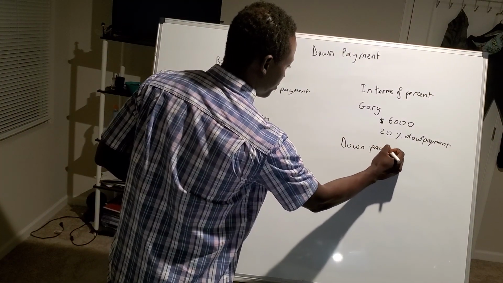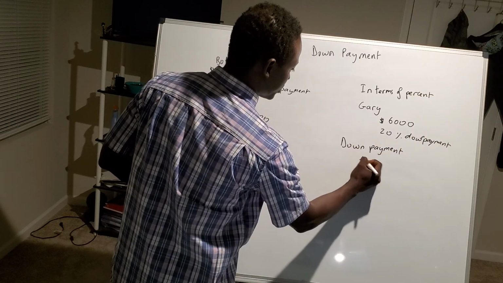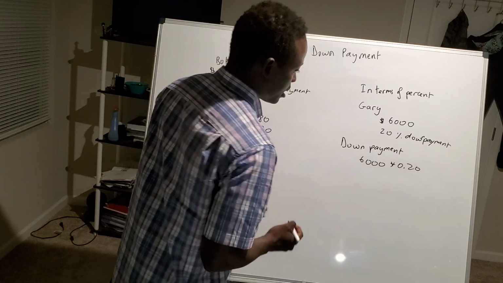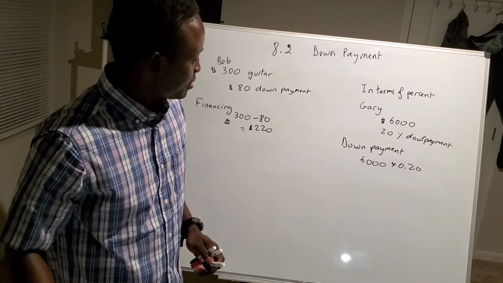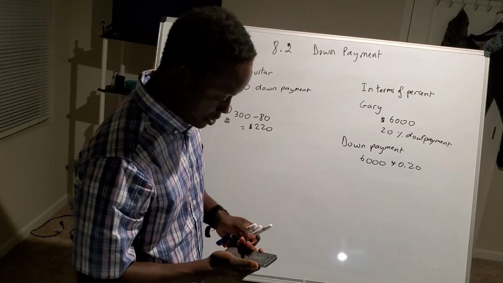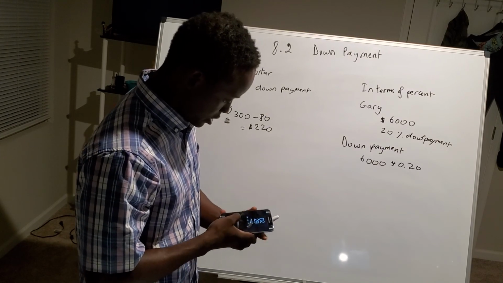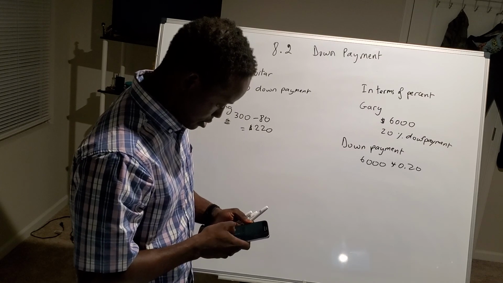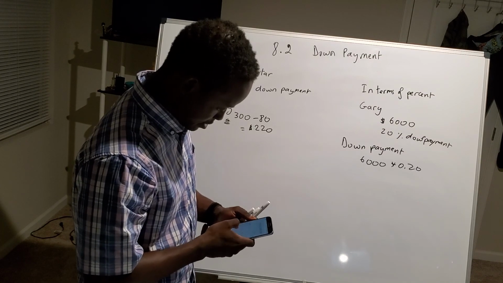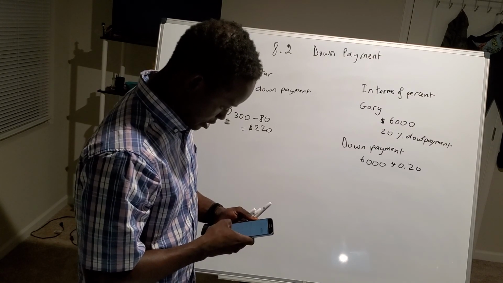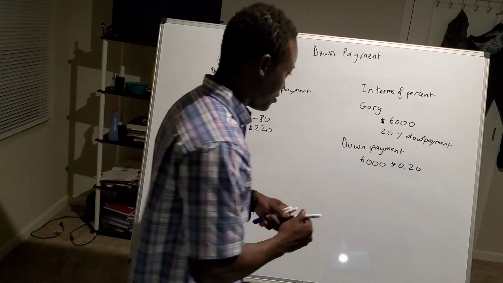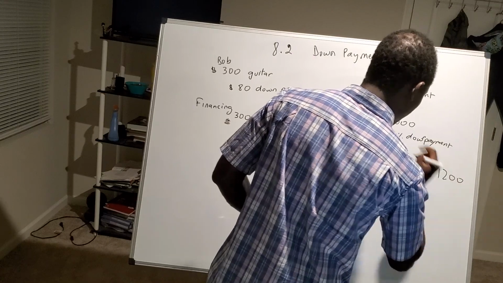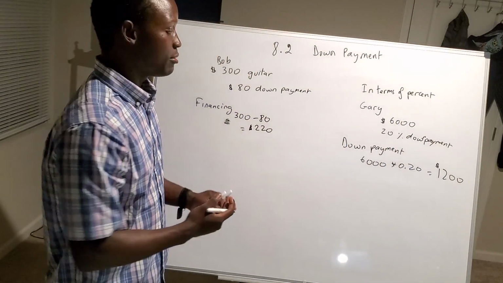Now all we're doing is the percent, right? 6,000 times 20% in decimal, 0.20. I think it's 120 or 1200. Let's see, 0.20, yeah, 1200. So in this case it's 1200. 1200 is the down payment.